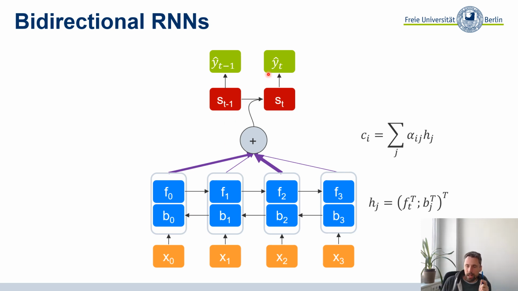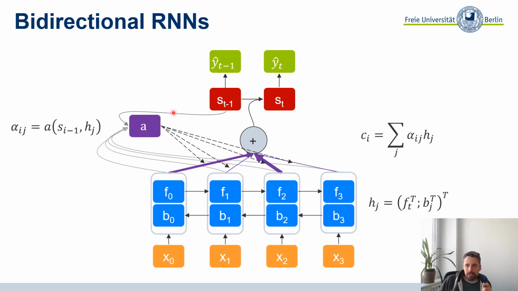Now, where do these alphas come from? There's a fourth network, this time not a recurrent one, just a feedforward network, that is producing these weights, these alphas, and is conditioned by the hidden state of the output RNN for the last time point, and receives also the unweighted representations of the input sequence.